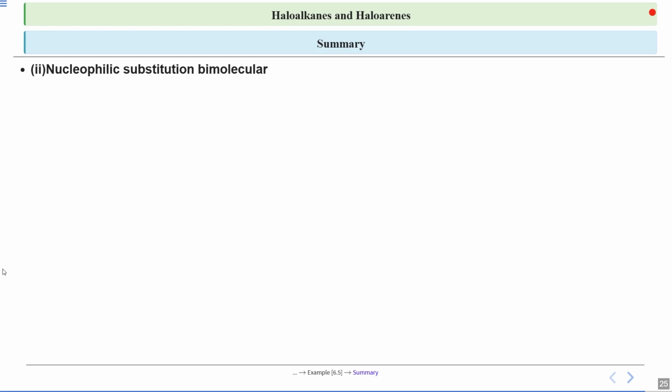Then we talked about nucleophilic substitution bimolecular, which is a single step reaction and does not involve any intermediate formation.